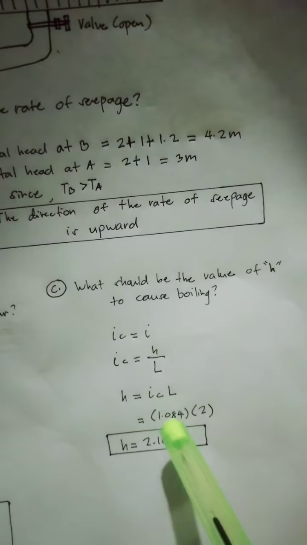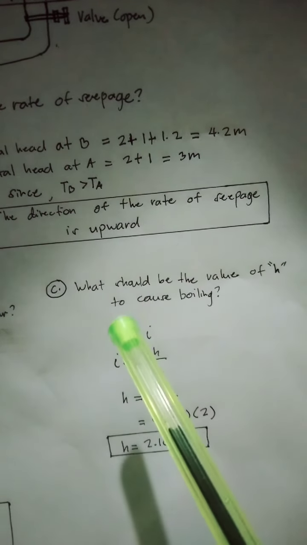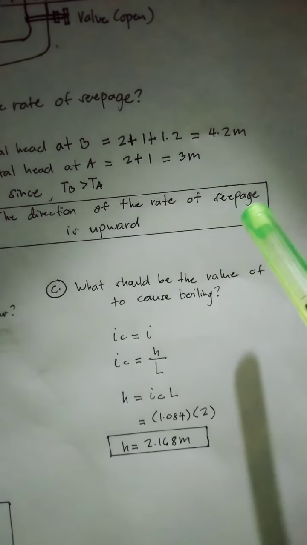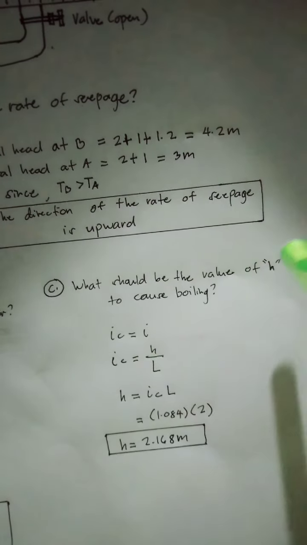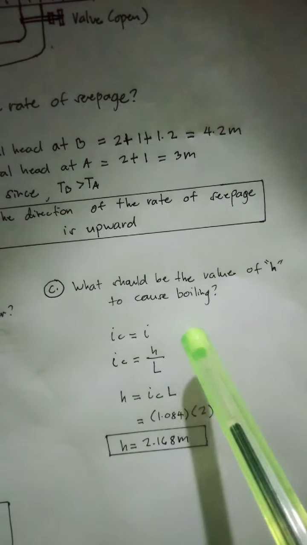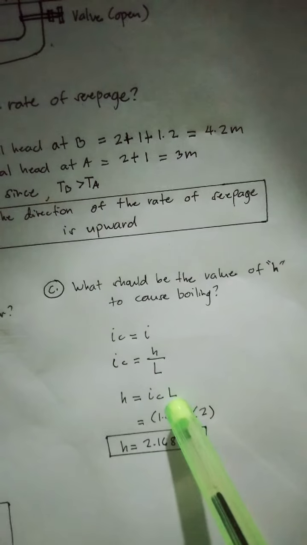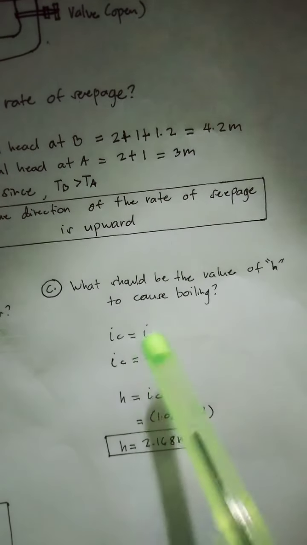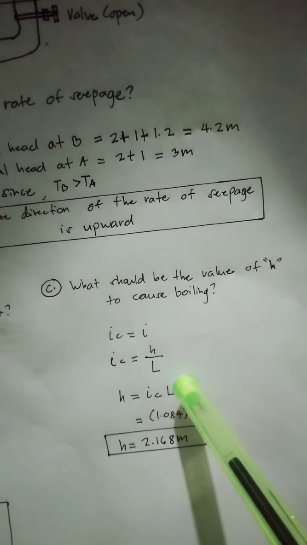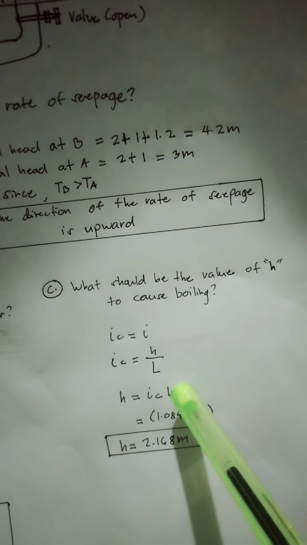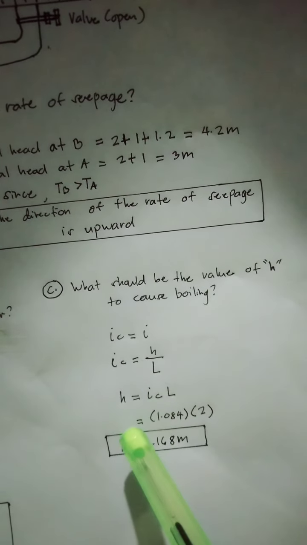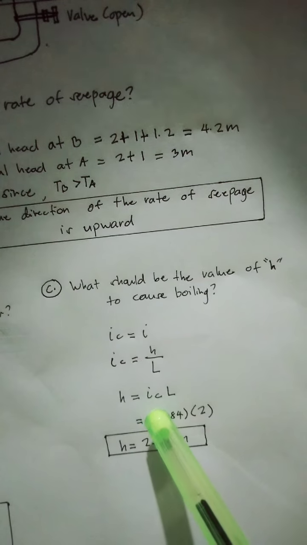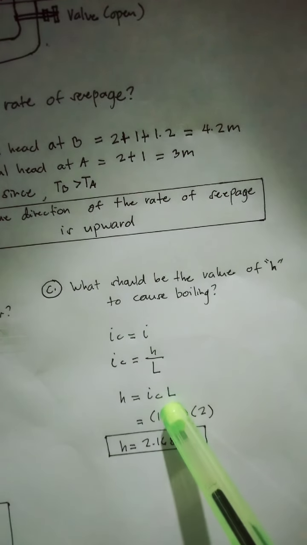The formula for the critical hydraulic gradient is the same as the formula for the hydraulic gradient. It is equal to the head loss over the length, the height over the length. So we reform this formula since we are solving for H. We have the critical hydraulic gradient times the length.